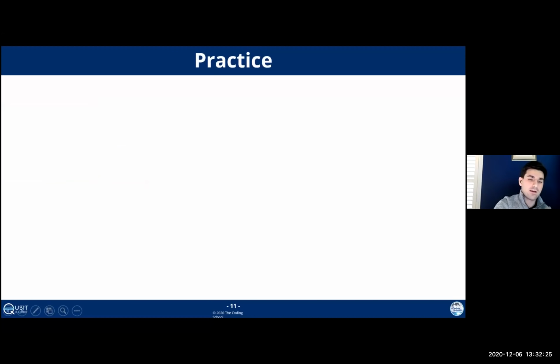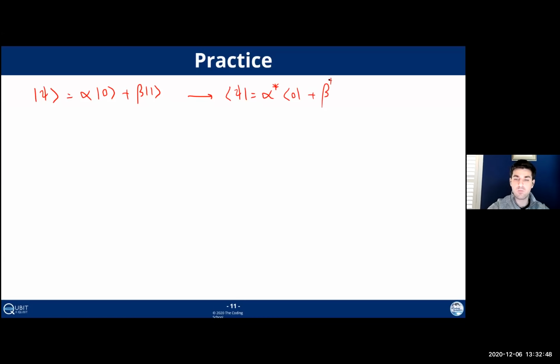So if you have a state psi, where psi is equal to alpha ket 0 plus beta ket 1, then the bra of psi is going to be equal to alpha complex conjugated times bra 0, plus beta complex conjugated times bra 1. And again, you'll get more comfortable with this as we go throughout the lecture and see more practice. But just for the sake of practice.